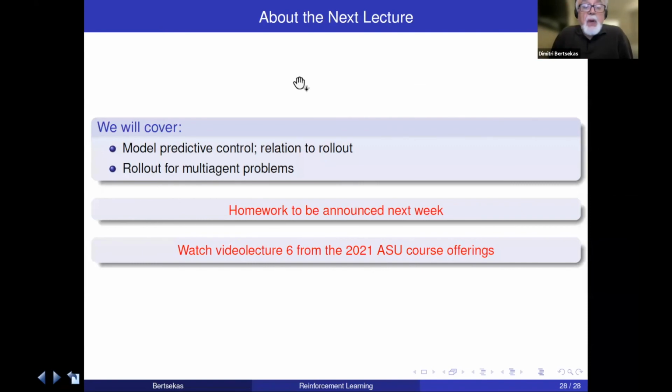In the next lecture, we're going to cover model predictive control, some relations to rollout. The slides that we looked at, just a little, the last slides in the video clip had to do with general continuous spaces problems, and the issue of how you address the look-ahead minimization problem. This problem also arises in the context of model predictive control, but it's more specific within the context of that type of application.